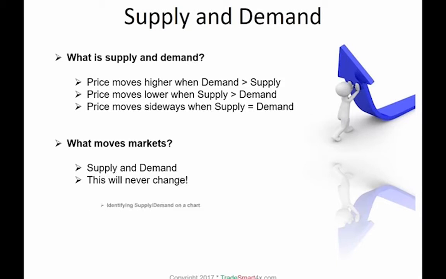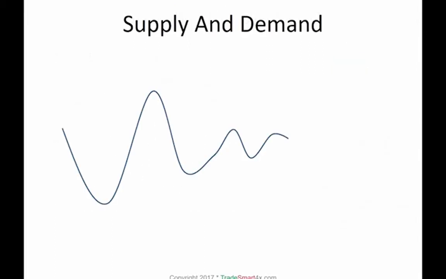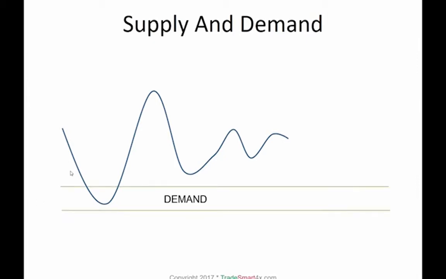So what is your job as a trader? Part of your job is to identify where supply and demand is on the chart. So we have a chart that looks something like that. And if you can identify where there's more willing buyers and sellers in the market, for example, you may identify a demand zone here because prices came down and rose here.